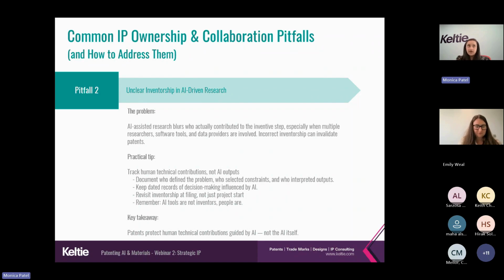This can be an issue where multiple researchers, multiple software tools, AI models, and data providers are involved. And so it's important to identify where the technical contribution came from. An AI can't be an inventor. It has to be a person. And so it's important to track which people provided the technical contributions to a specific invention.